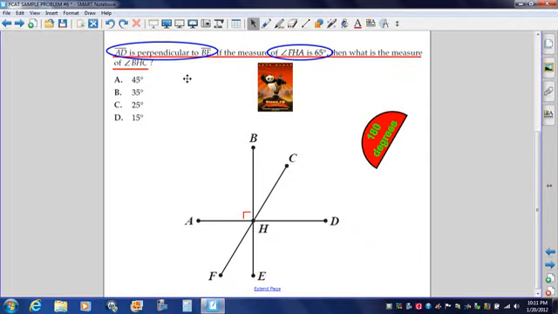I want to show you one more strategy for working the problem. We said that angle FHA is 65 degrees. So this is 65 degrees. I know by definition that this is a right angle because they are perpendicular, so that has to be 90 degrees.